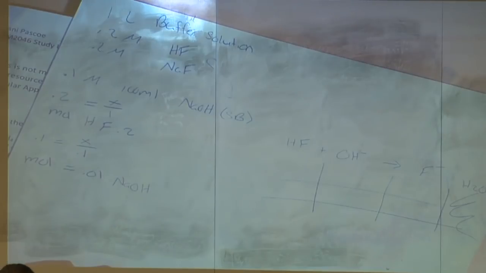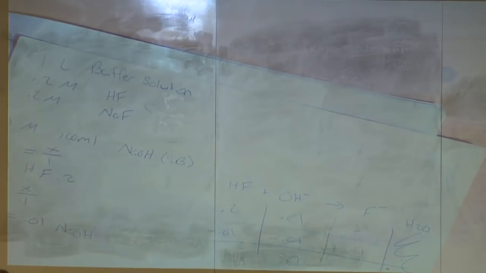Do we ignore the NaF? NaF is the same thing as this F right here, so we're going to need it. All right, so we have 0.2 moles of HF, we have 0.01 moles of OH, and we have 0.2 of F in here. So this F is the same thing as NaF, because Na is also pH neutral.